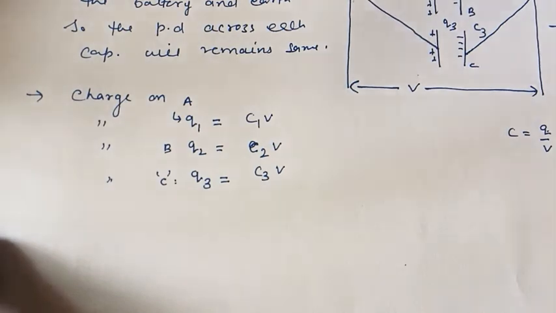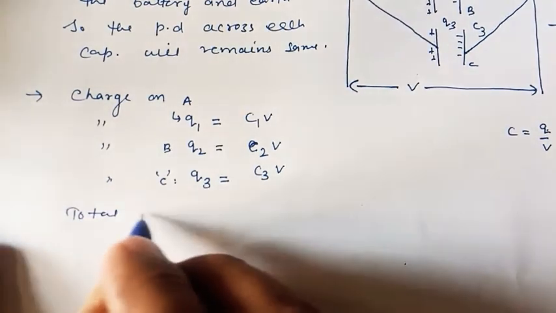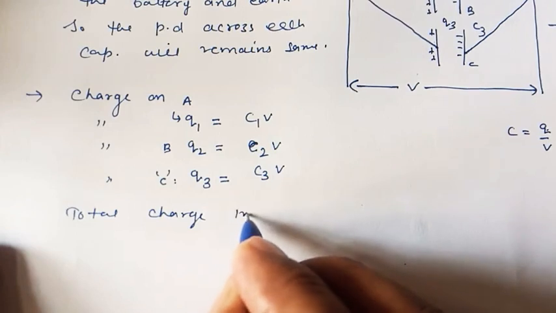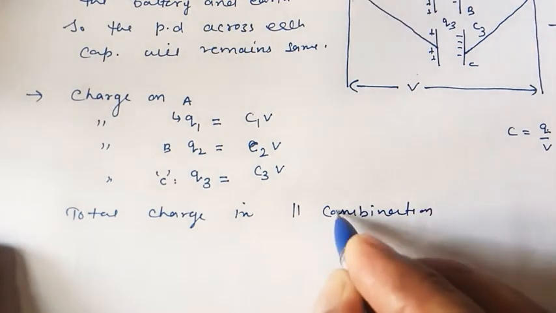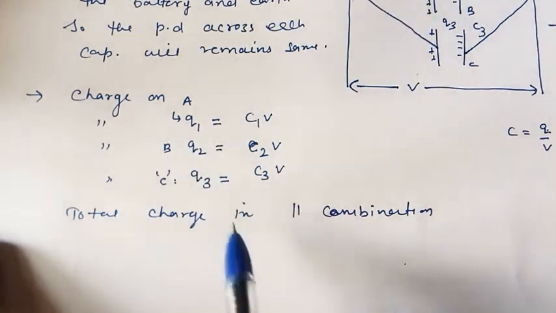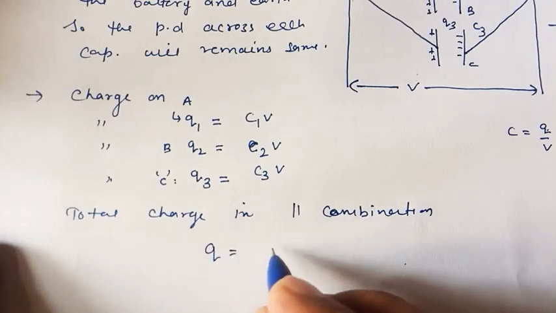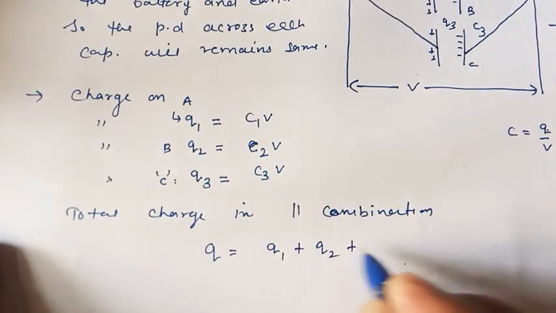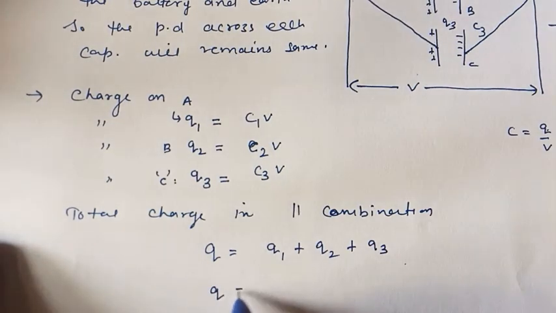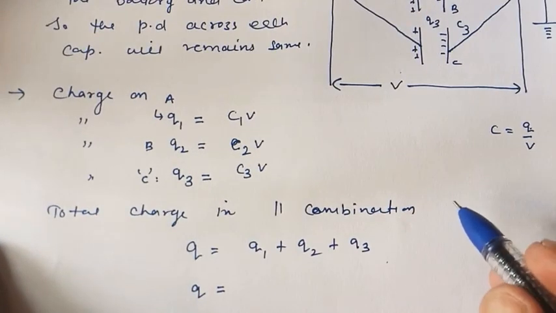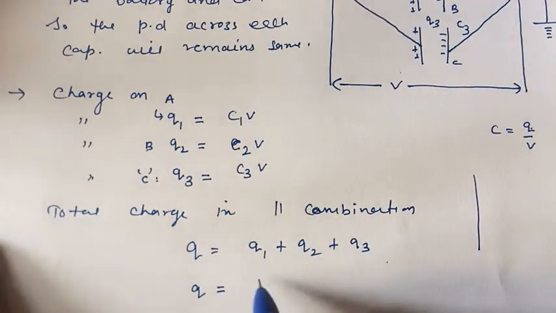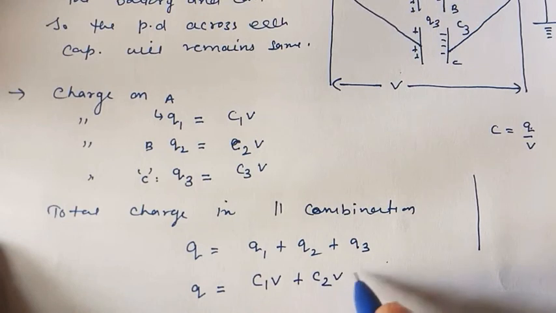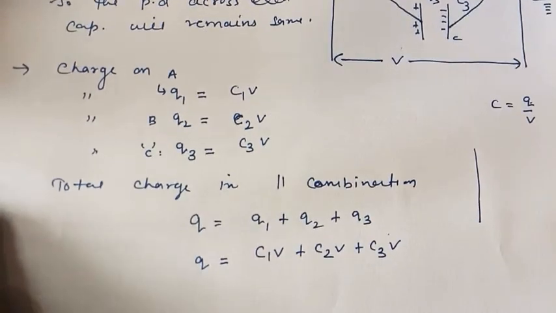So now the total charge in the parallel combination. How do we calculate the total charge? Combine all the charges: Q equal to Q1 plus Q2 plus Q3. Put the values here: C1V plus C2V plus C3V.